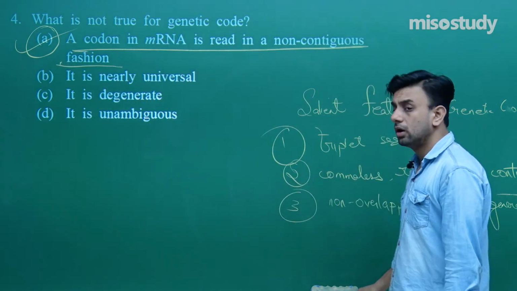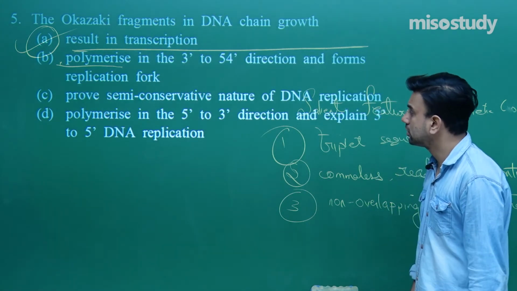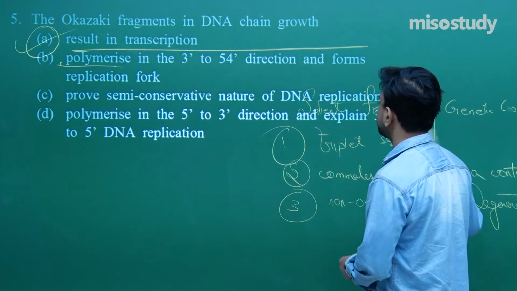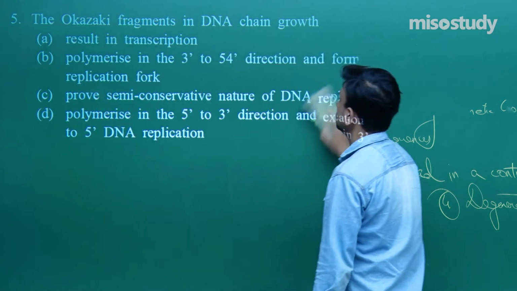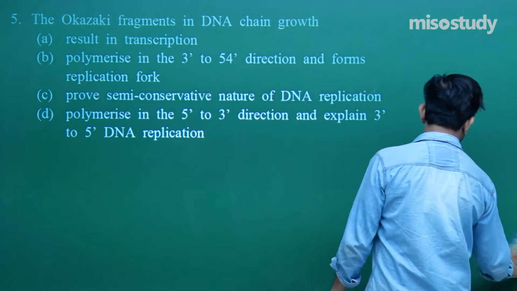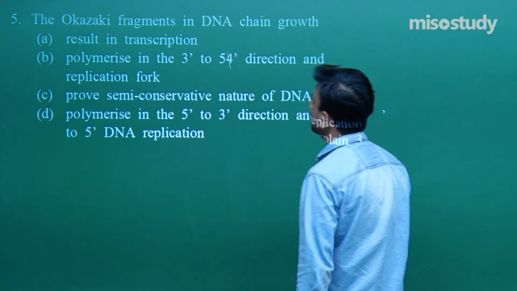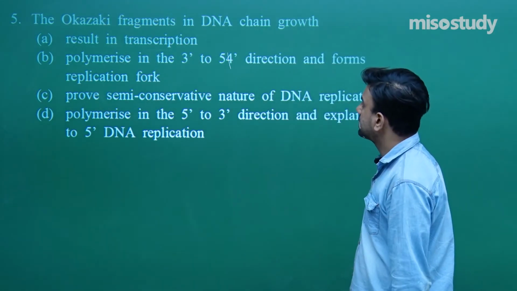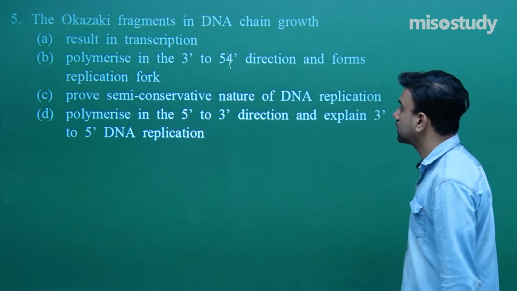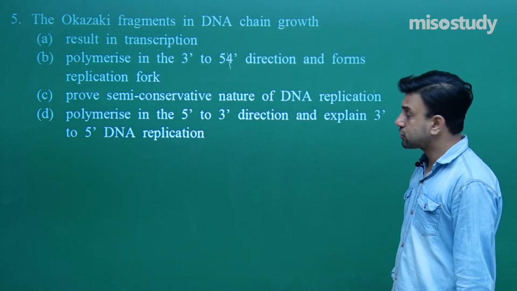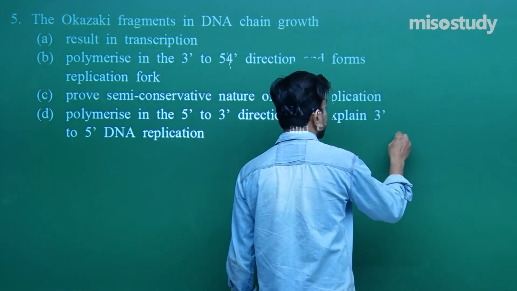Okay, we move on to the next question: the Okazaki fragments in DNA chain growth. The options are: result in transcription; polymerize in the 3' to 5' direction and form the replication fork; prove semi-conservative nature of DNA replication; and polymerize in the 5' to 3' direction and explain the 3' to 5' direction. Now what are the Okazaki fragments?